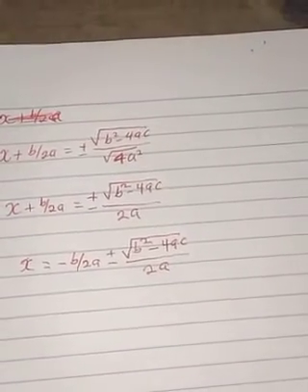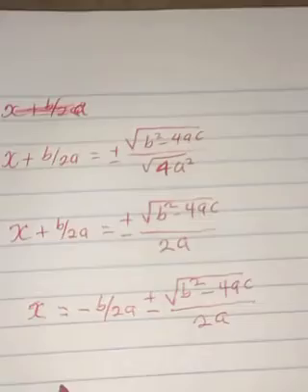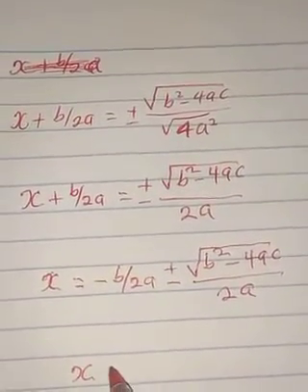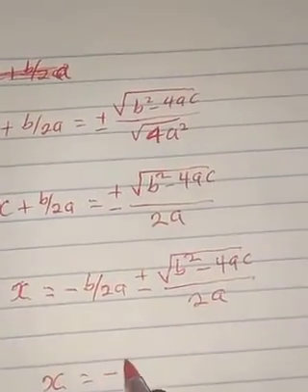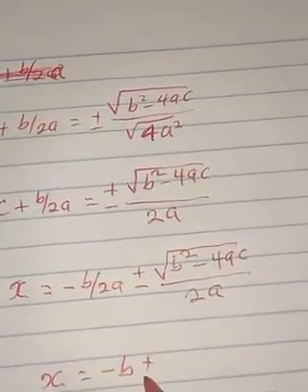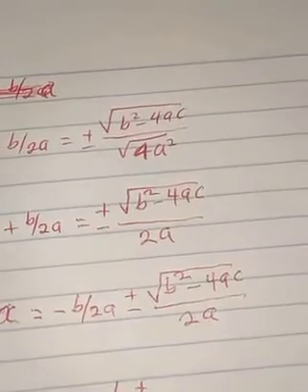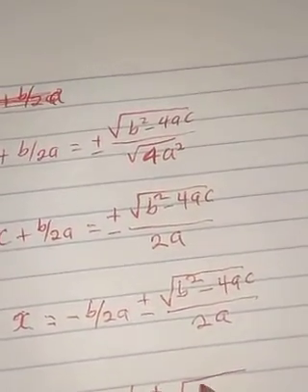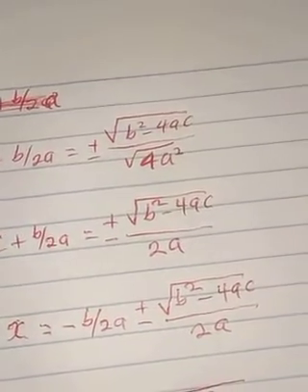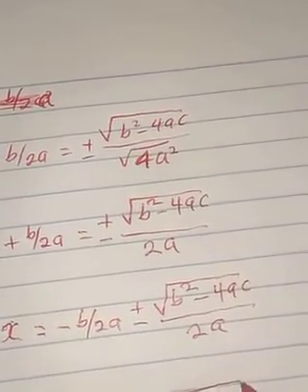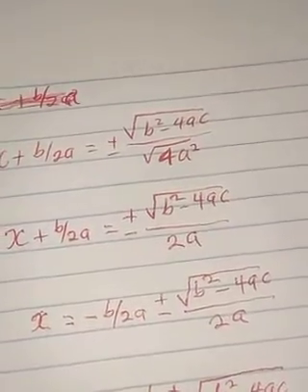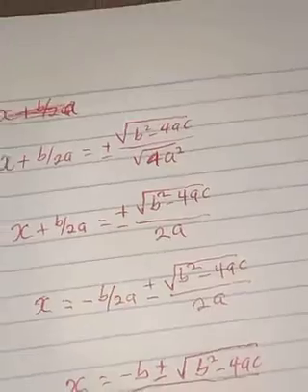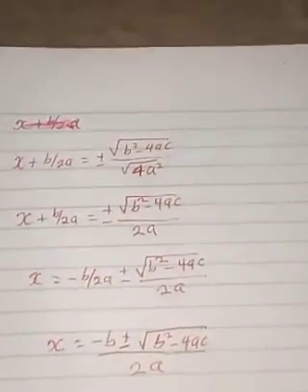So we can factor them. So it is going to give us x is equal to minus b plus or minus square root of b squared minus 4ac all over 2a. Have you seen it?